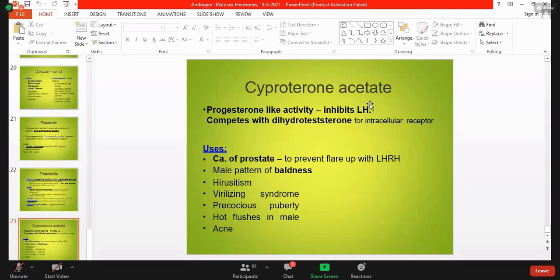There will be increased growth of hair as well. So they are a few general side effects, such as hot flushes, acne, and other things.